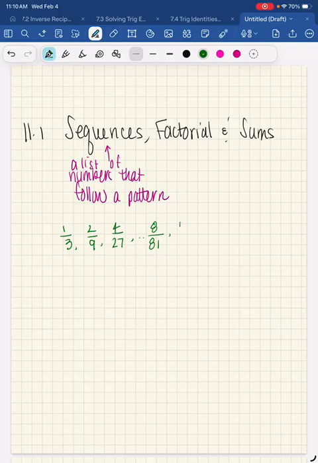And after that would maybe be 16/243. So it looks like in the numerator, we're multiplying by 2, and in the denominator, we're multiplying by 3. Okay.